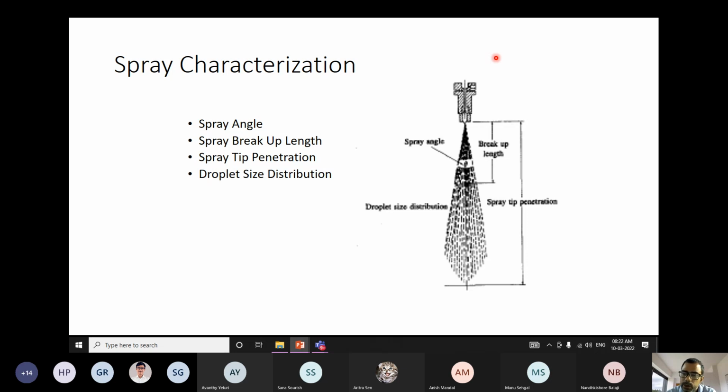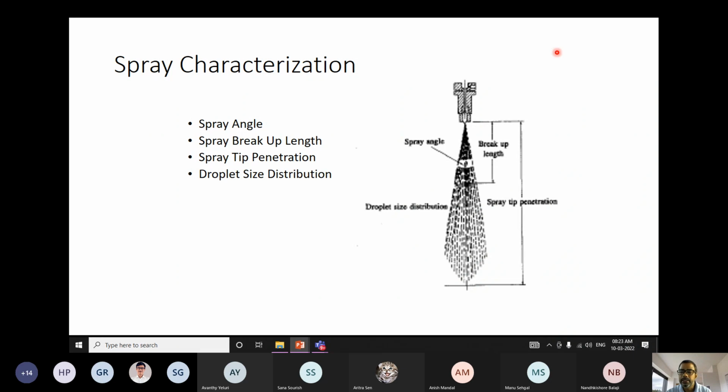So we need to have an optical engine, and then we need some sophisticated laser based diagnostics tools, and then we can do all sorts of characterizations or measurements of these parameters in realistic conditions. Even with such a system, the measurement and methodology is really very challenging. So alternatively, there are two different ways that people do this.